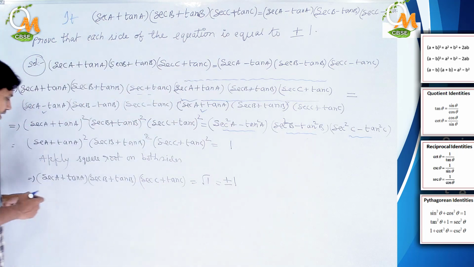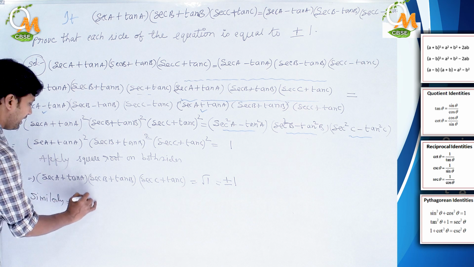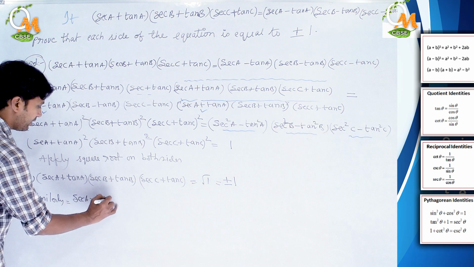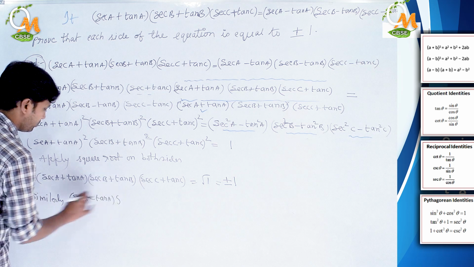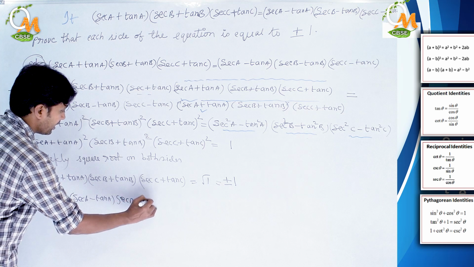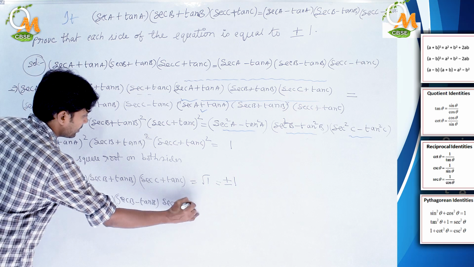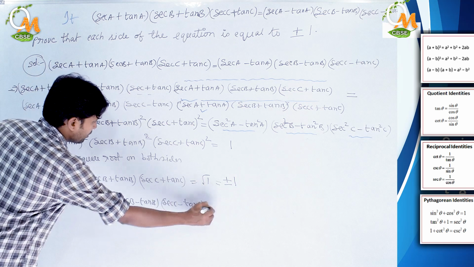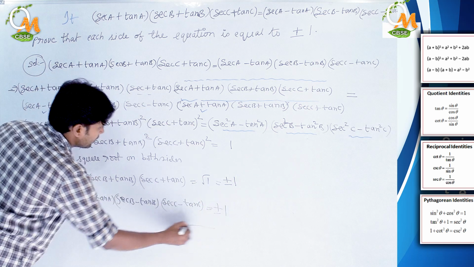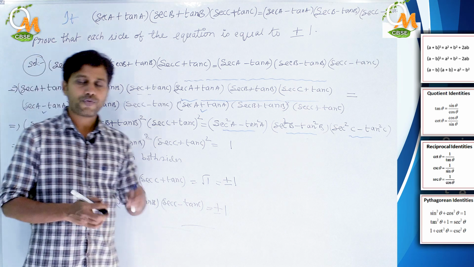So similarly we can write secant A minus tan A into secant B minus tan B into secant C minus tan C, which is also plus or minus 1. So therefore we could find what was asked.